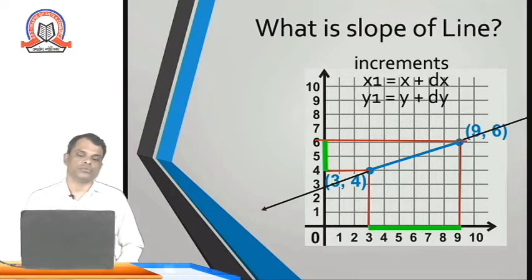So you can see on the y-axis, that distance is 2, and on the x-axis you can see 9 minus 3, that is 6. So that distance is 6. That green color I have shown, that distance is actually 6. So with the projections I have shown on the x and y axis, actually that green color is the difference between the coordinates.